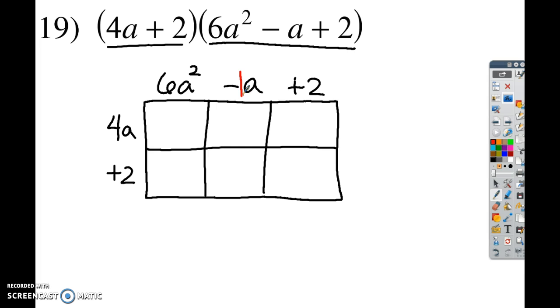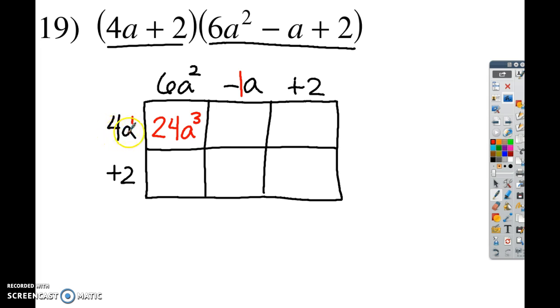And then you start multiplying just like we did with double distribution. In here, you would get the product of multiplying 6a squared times 4a, which gave us 24a cubed. And it's cubed because there's 2 a's here and 1 a here. Okay, and then you just continue.